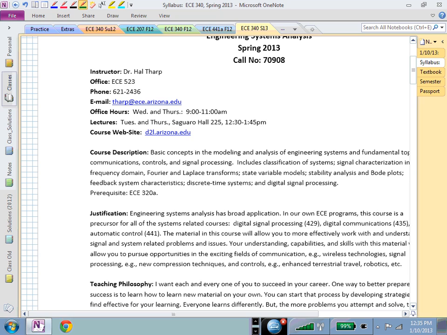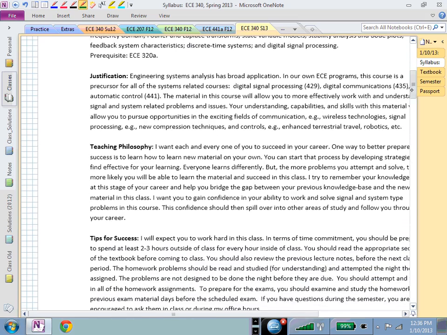It hasn't been very well communicated maybe in the course catalog. It said co-requisite or prerequisite, with semicolons and commas, and if it was read properly, it should have been prerequisites or 320A. I'm not going to worry about 351 or other classes. 320A is the critical class as a prerequisite for this class.